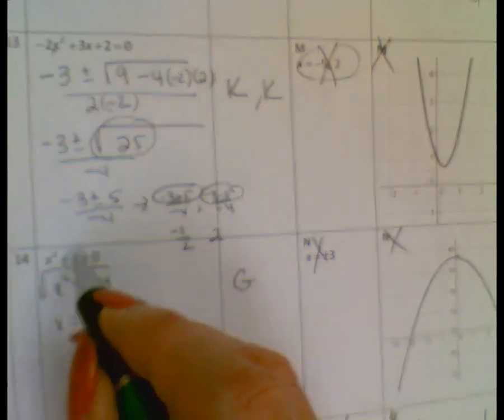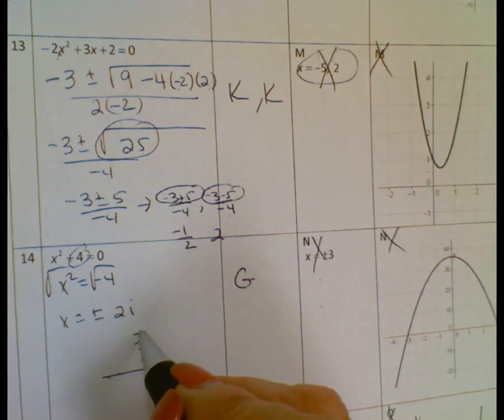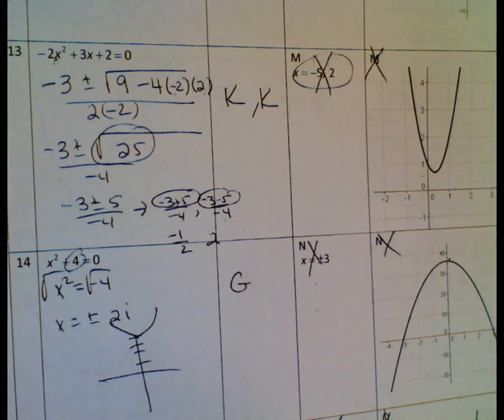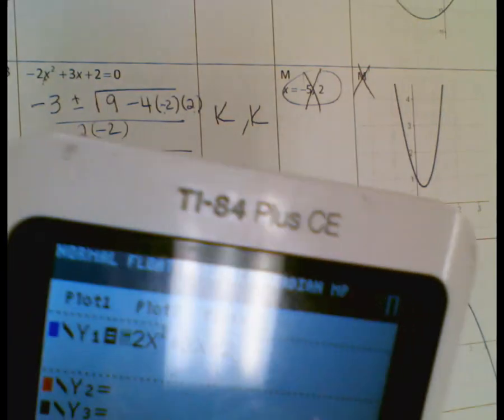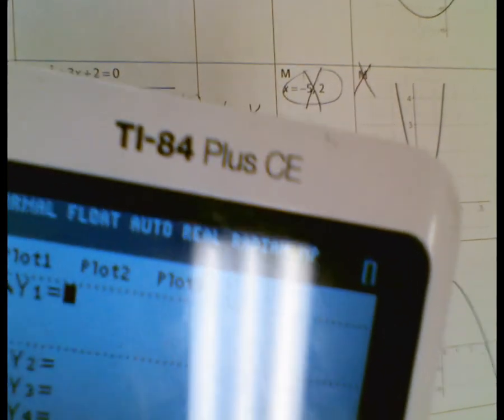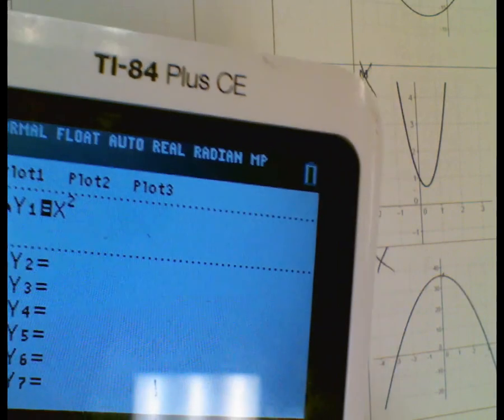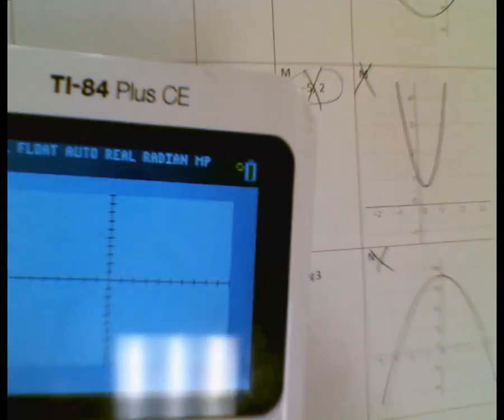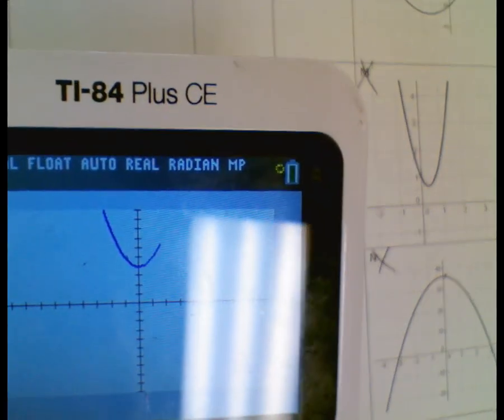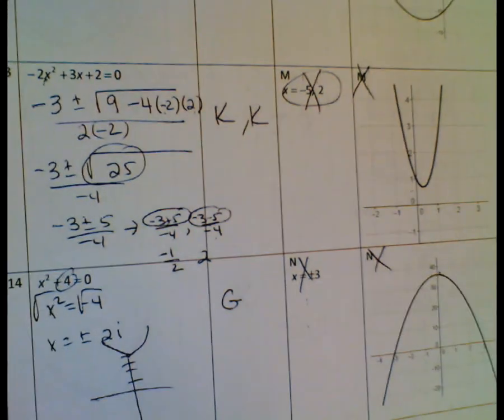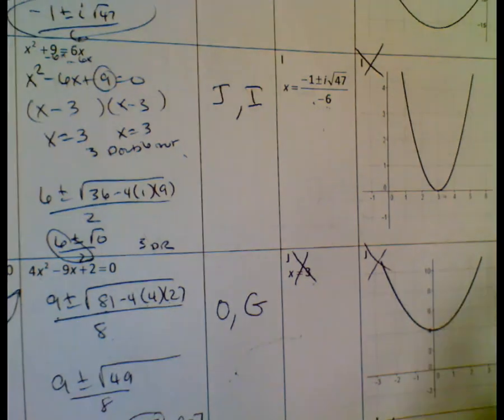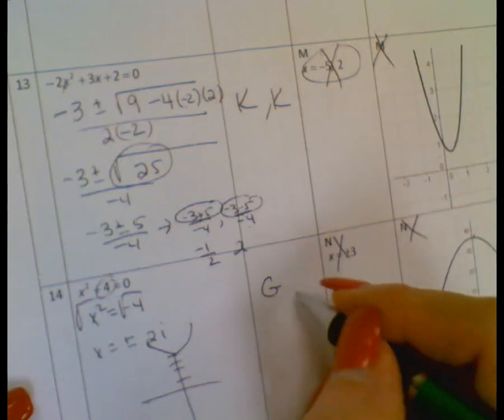And it's going to hit at 4 up here, and it's going to go up. So if you graph that, that's what it's going to look like. X squared plus 4. It's going to start at 4, and then it's not going to touch the x-axis. So where is that one at? There it is. It's J. So we should only have 2 letters left.